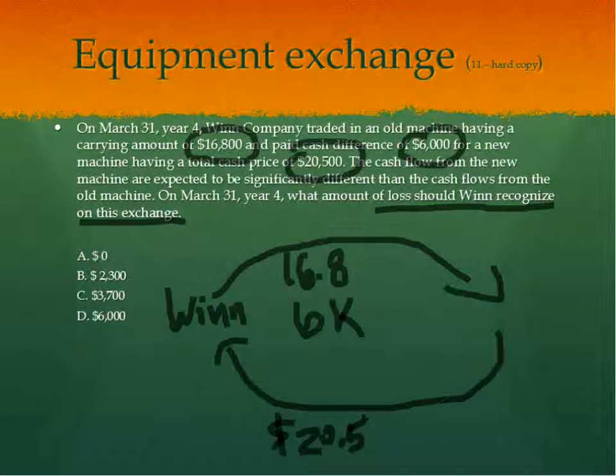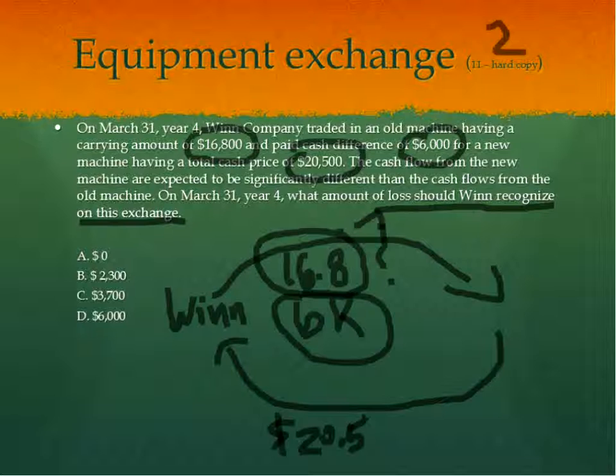So first, what I wanted to show you is that if you receive something that's worth 20.5, right, and what you gave essentially was 6 in cash and a machine, what's the fair market value of this machine? We know book value is 16.8. The fair value of both of these must equal 20.5.